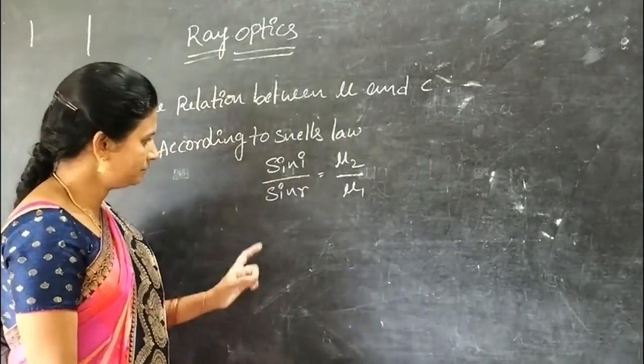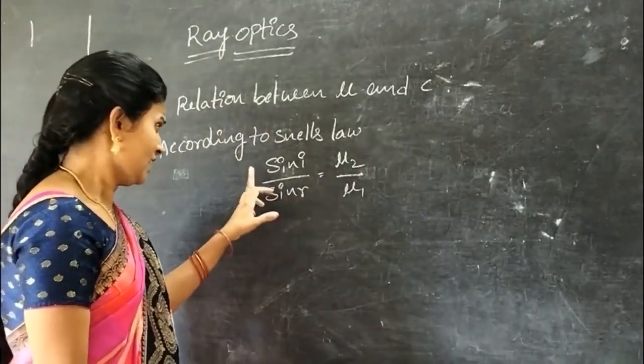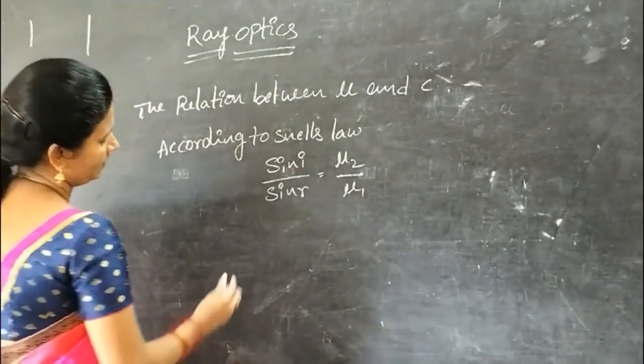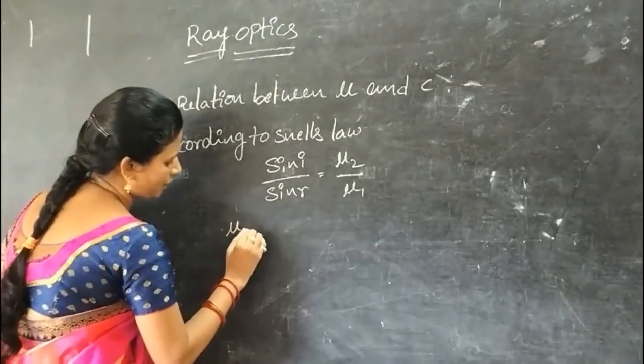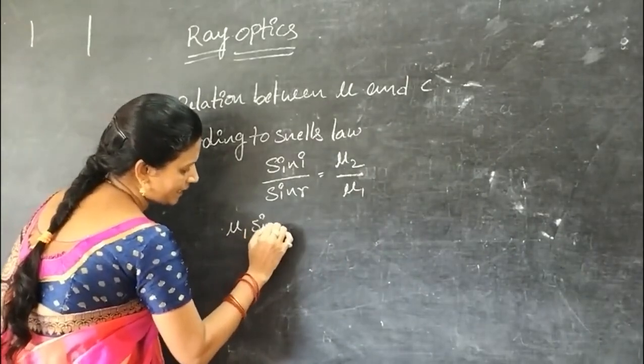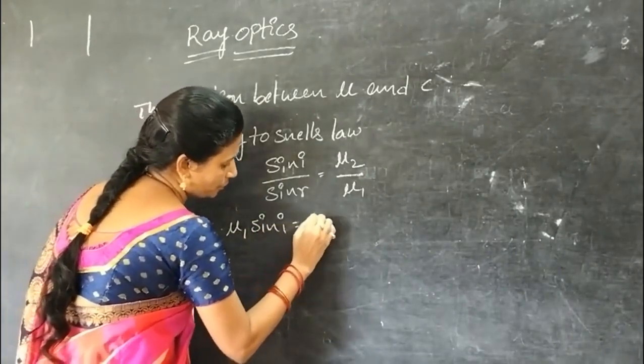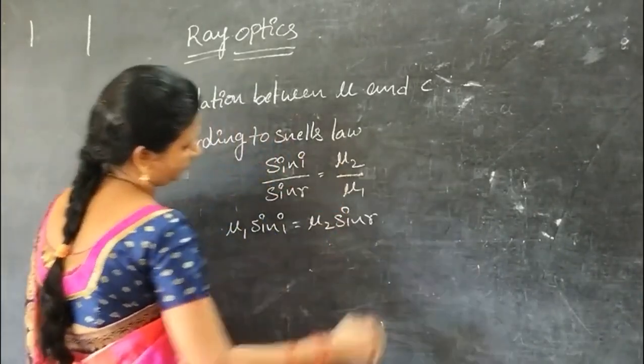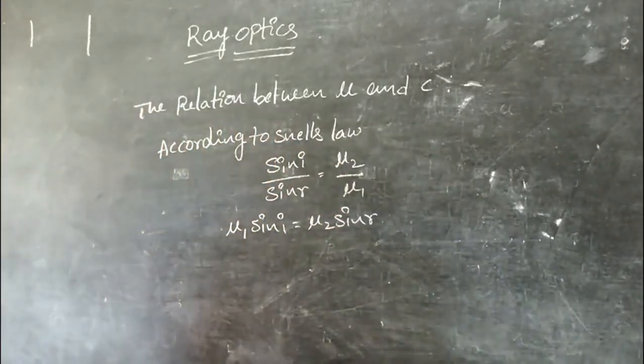So from that equation, mu 1 sin I is equals to mu 2 sin R.